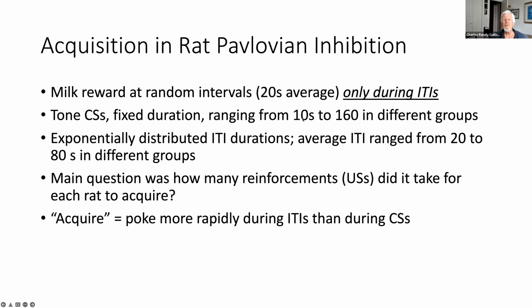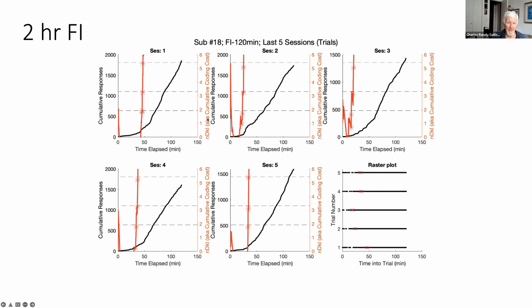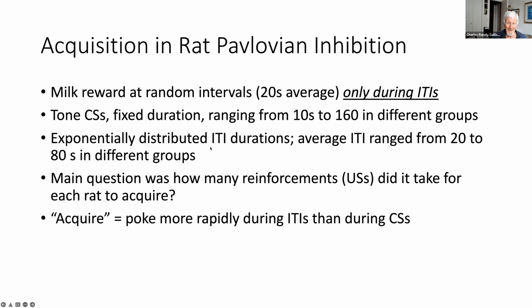So this is looking at the effect of the C to D ratio in inhibitory conditioning, which, to spill the beans, is basically identical to its effect in excitatory conditioning. So the question is, how many reinforcements, USs, did it take for each rat to acquire?